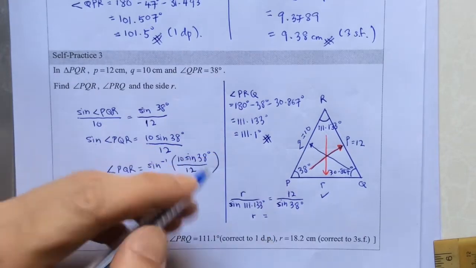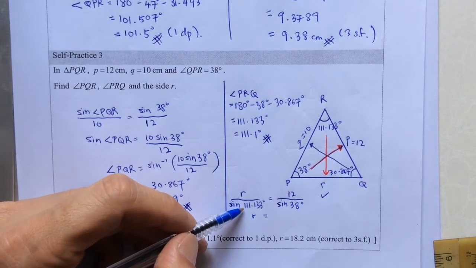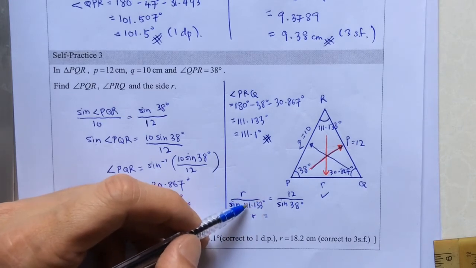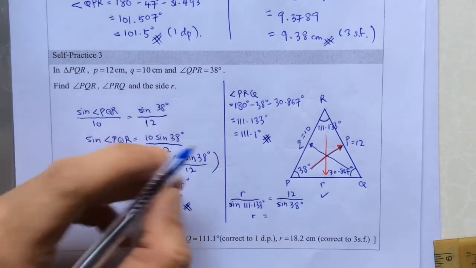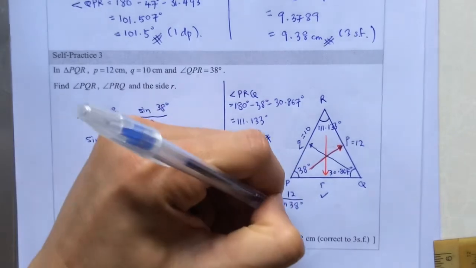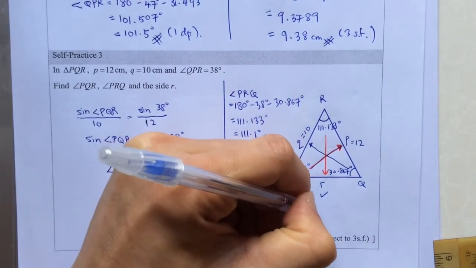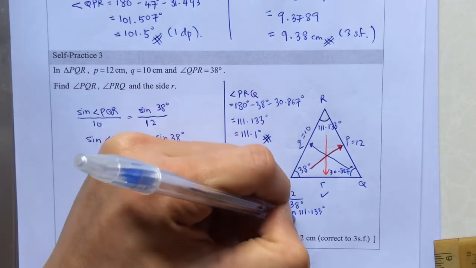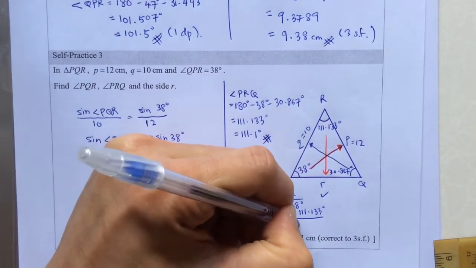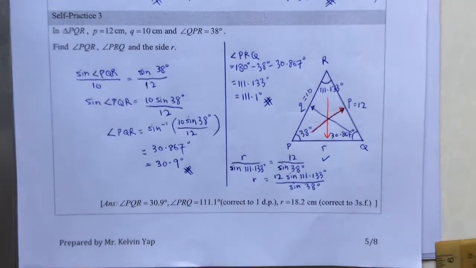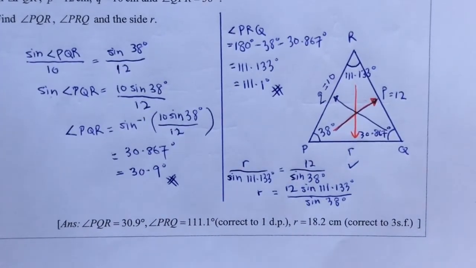So we move this sine 111.133 degrees, because it's in the denominator, we move it up to the numerator. From here we will press the calculator.